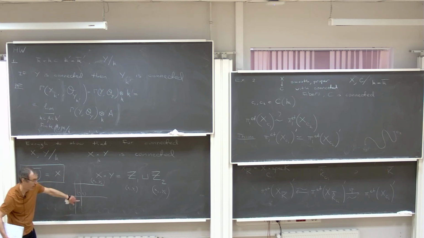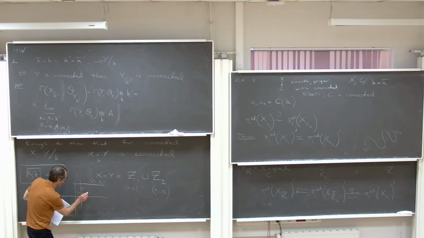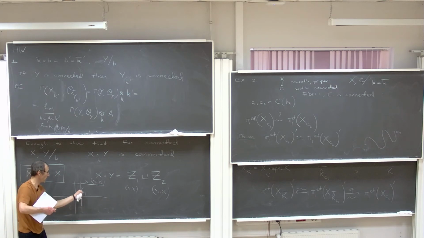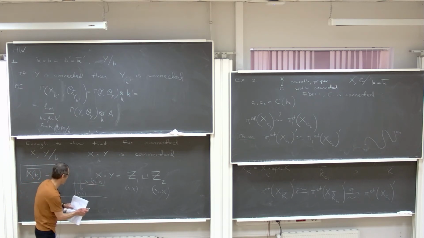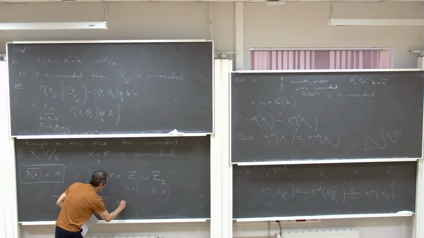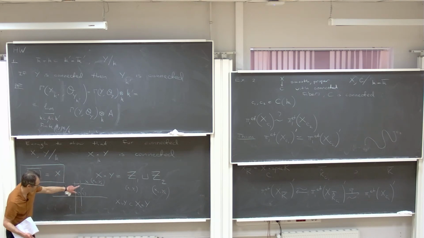This is a copy of Y, and this is a copy of X. And this is not a disjoint union. They intersect at this point. So the union as a subscheme, X union Y, is a closed subscheme of X times Y, and it's connected.